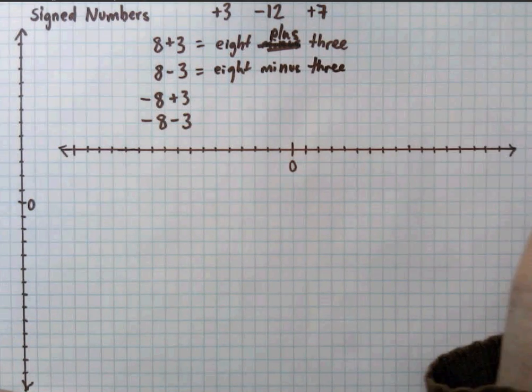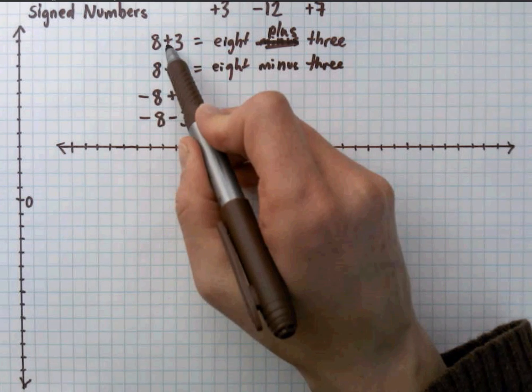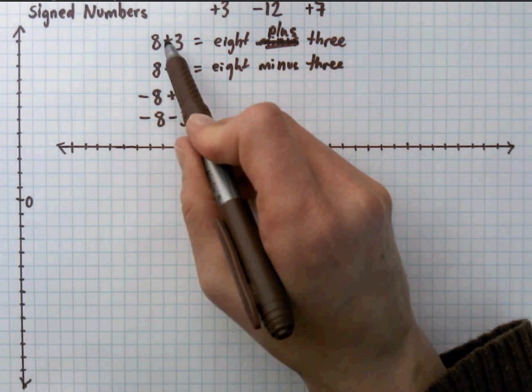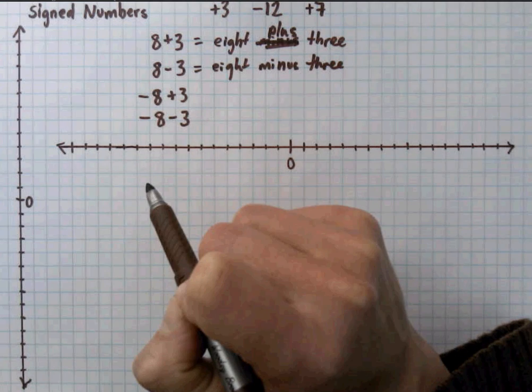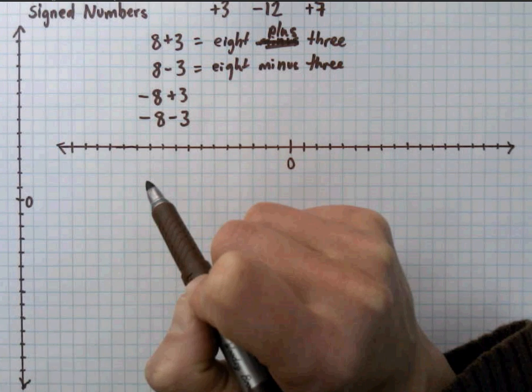That worked for elementary school, giving the sign its own name, kind of in between the numbers, so each of these being a separate item. But in higher mathematics, the sign of a number is a part of the number. It goes with the number.